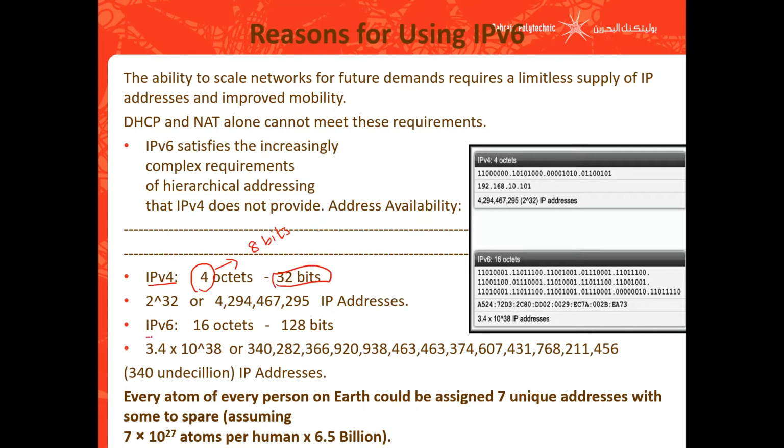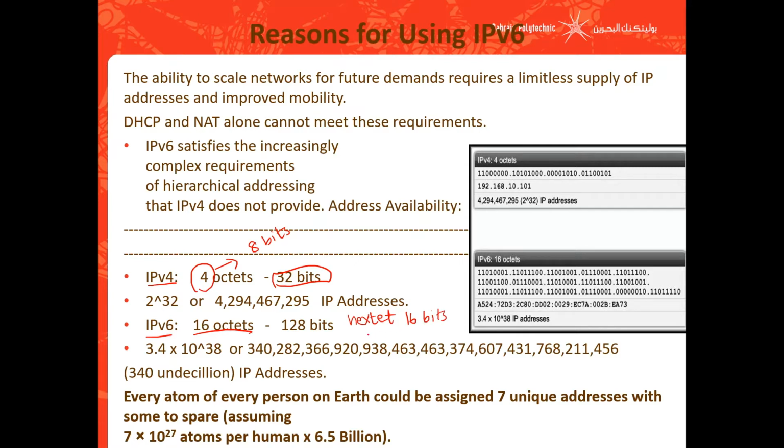Now in IPv6, we have 16 octets. It is 16 octets, but you don't write 16 octets. What we use when we write IPv6 addresses is called a hextet, and it's nothing but 16 bits.